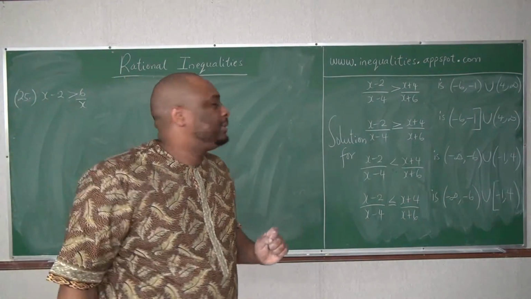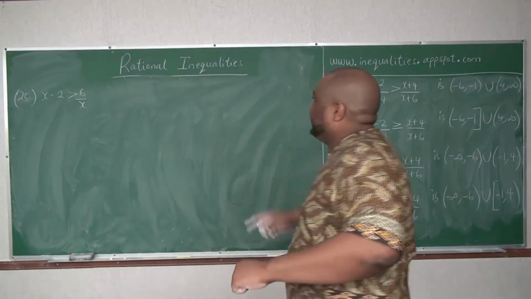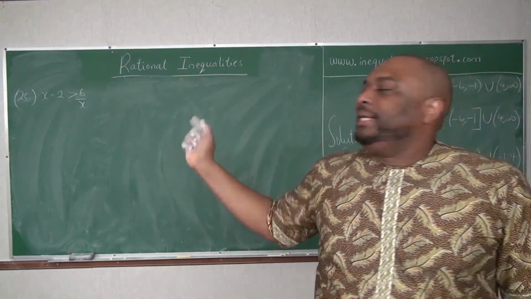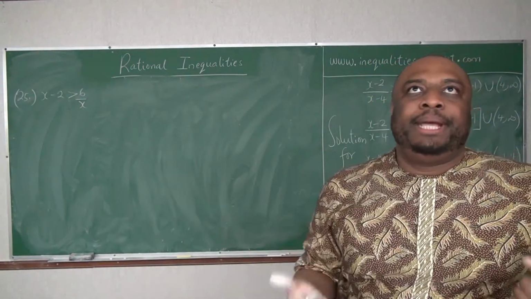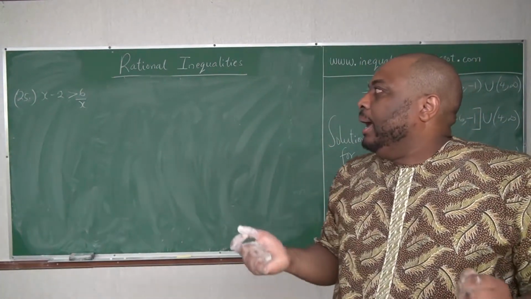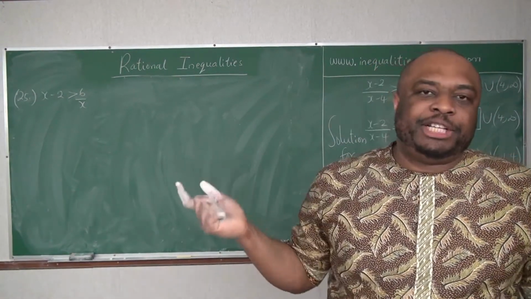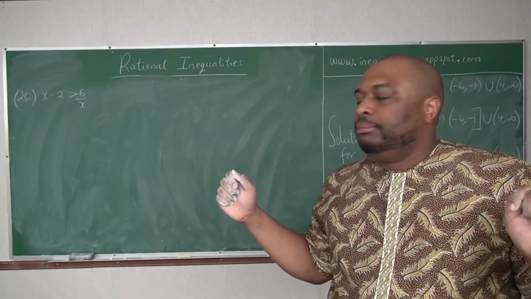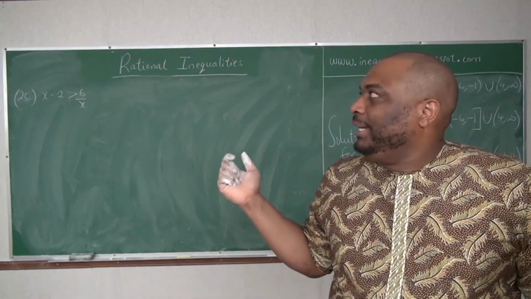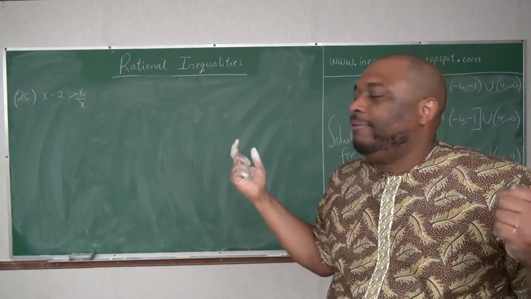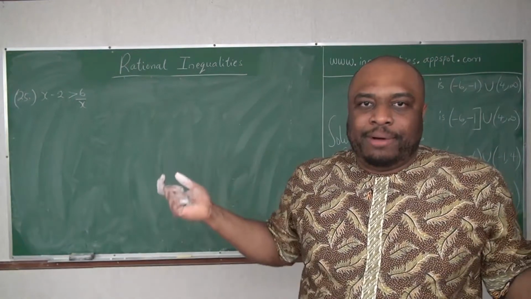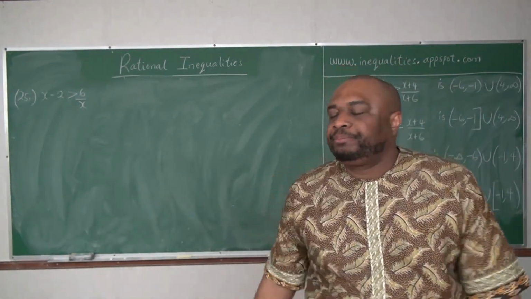So in this question here, the same thing. We have the rational function on the right hand side, a linear on the left, and we have the inequality. It is still a rational inequality anyway.